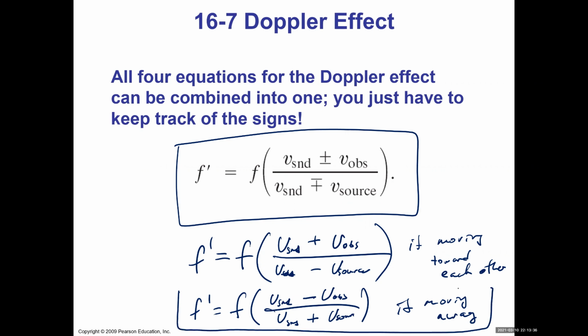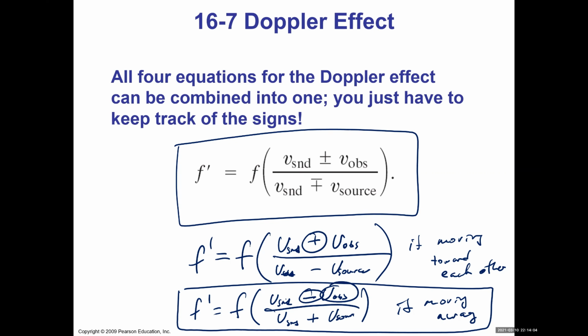So you have to be mindful of what type of scenario you have. That means this is plus every time the observer is moving toward the source, regardless of whether the source is moving toward, moving away, or at rest. As long as the observer is moving toward the source, it's positive over there. If the observer is moving away from the source, then it's negative over there.